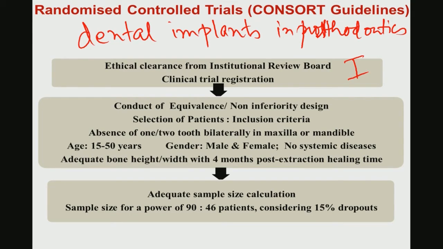As you can see, the age group needs to be selected over a broad range, not a very narrow range, like 15 to 50 years, which is a relatively broad range of age.